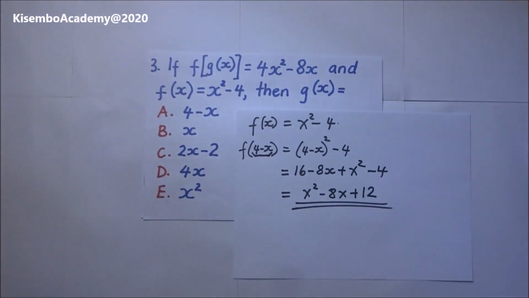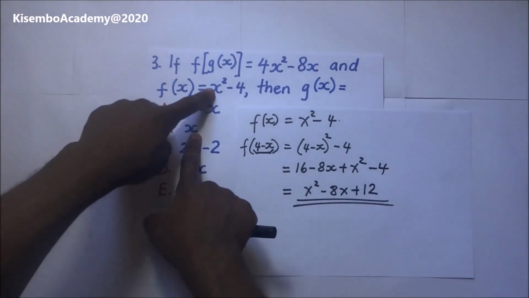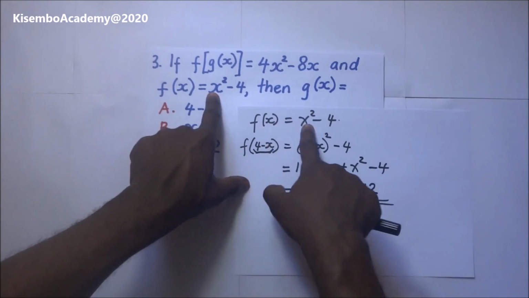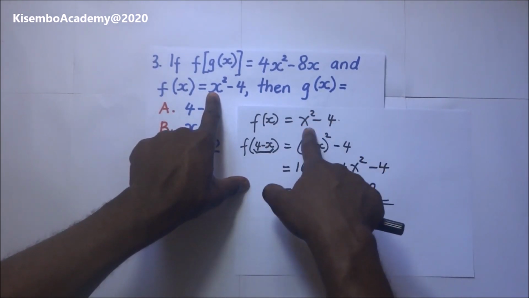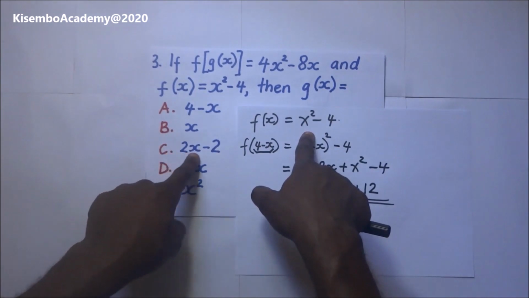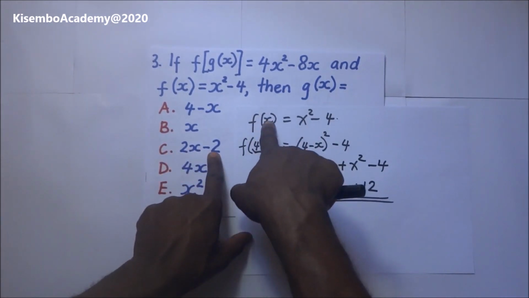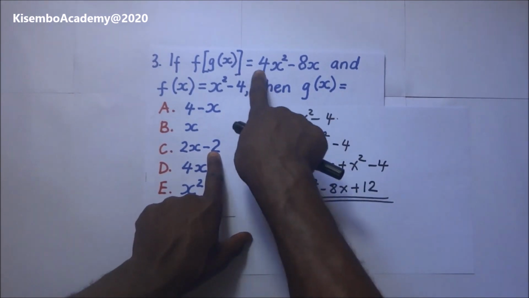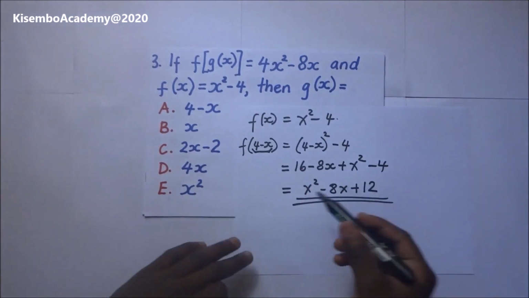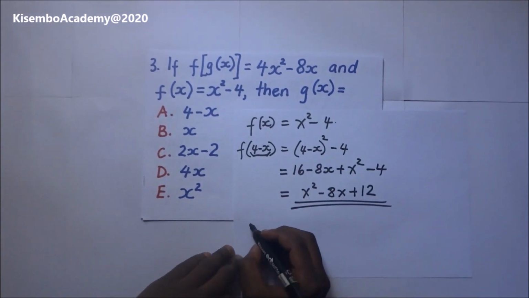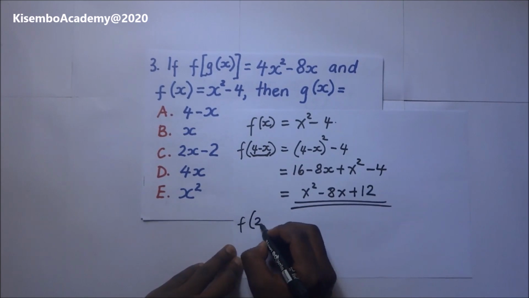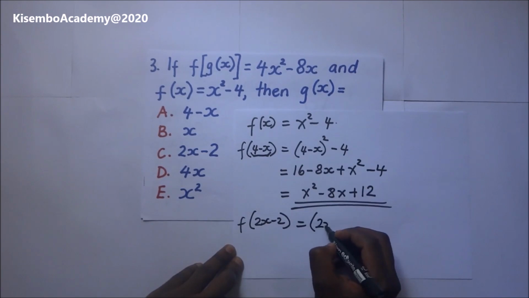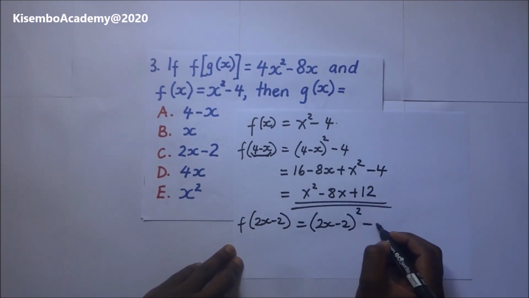If we go to part b, plugging in x here simply gives us x minus 4 squared, so b is out of the picture. Let's try c, 2x minus 2. If we put 2x minus 2 in the brackets as our input, is it going to give us that? So f of 2x minus 2 gives us 2x minus 2, this whole thing squared, minus 4.